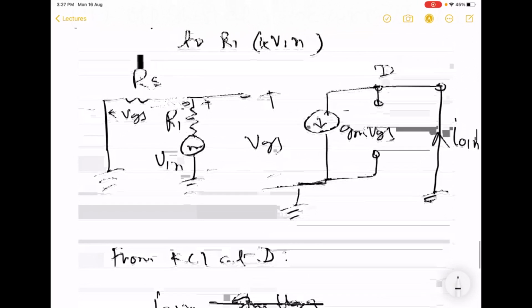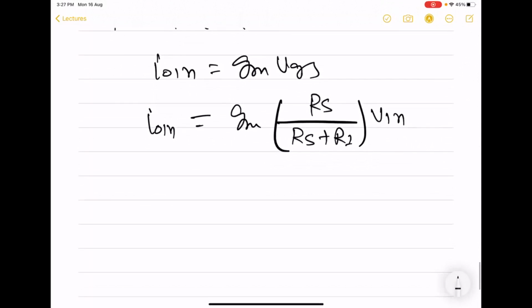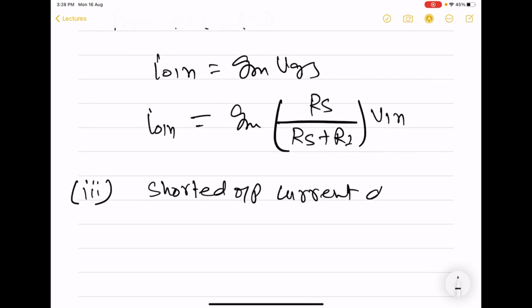Now we have to find the short circuited output current due to the MOS, that means due to ID.